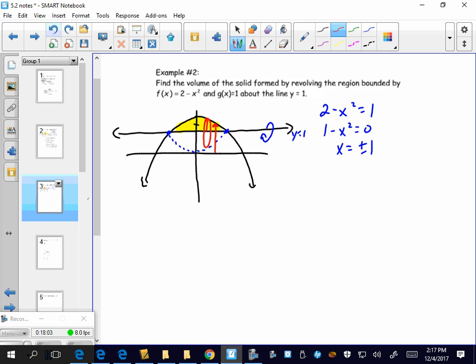The radius, however, is not that far. As a matter of fact, it is 1 unit less than that. So the radius is going to be 2 minus x squared, which is the function, minus that gap that I just highlighted. So the radius is actually 1 minus x squared in this case.